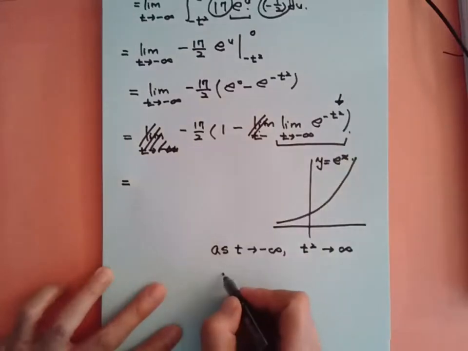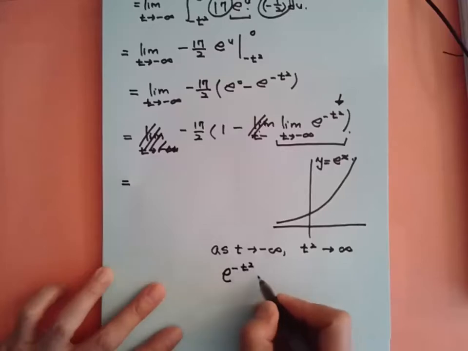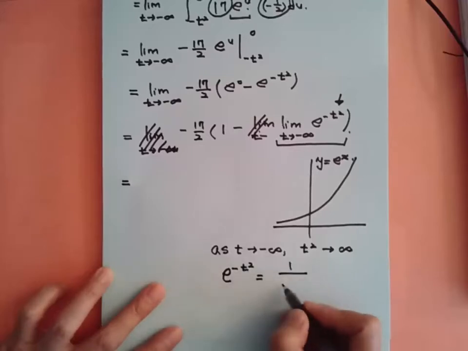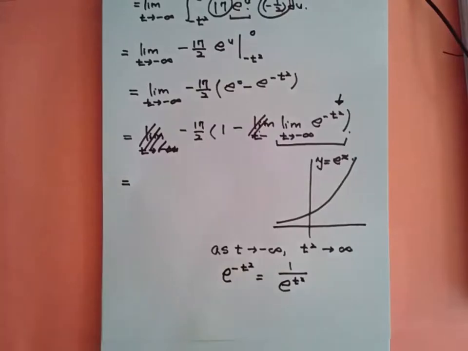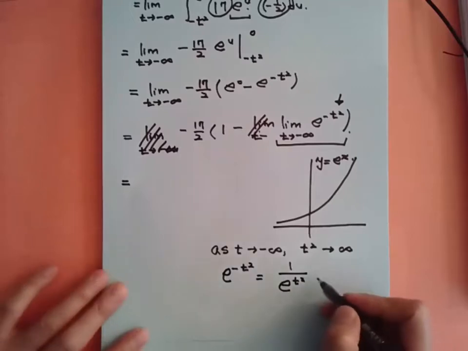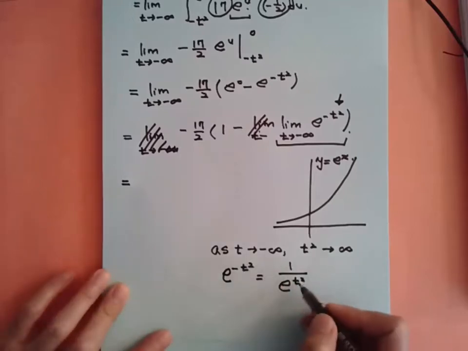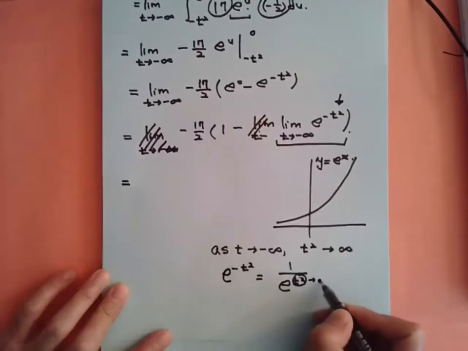So e to the minus t squared can be written as 1 over e to the t squared. And then when t goes to negative infinity, this part will go to infinity.